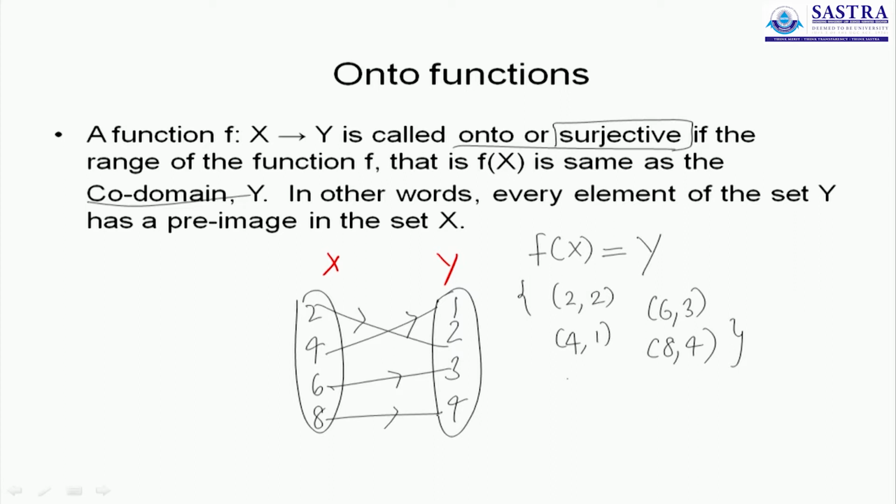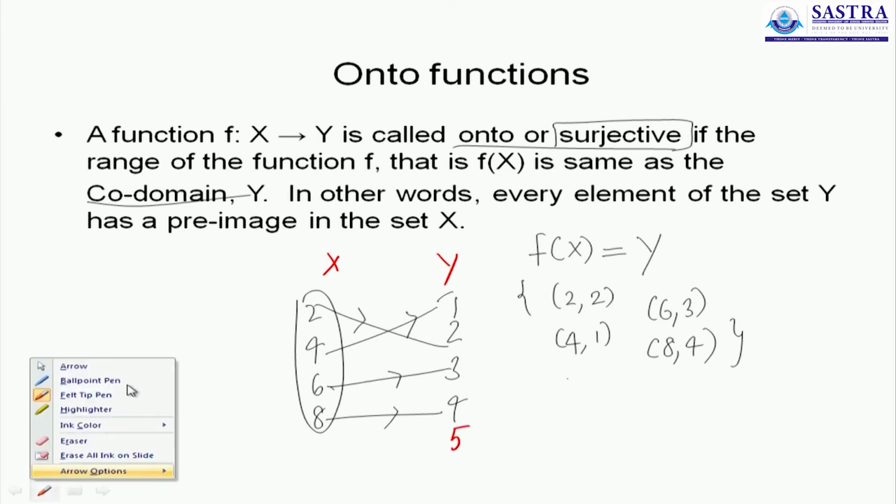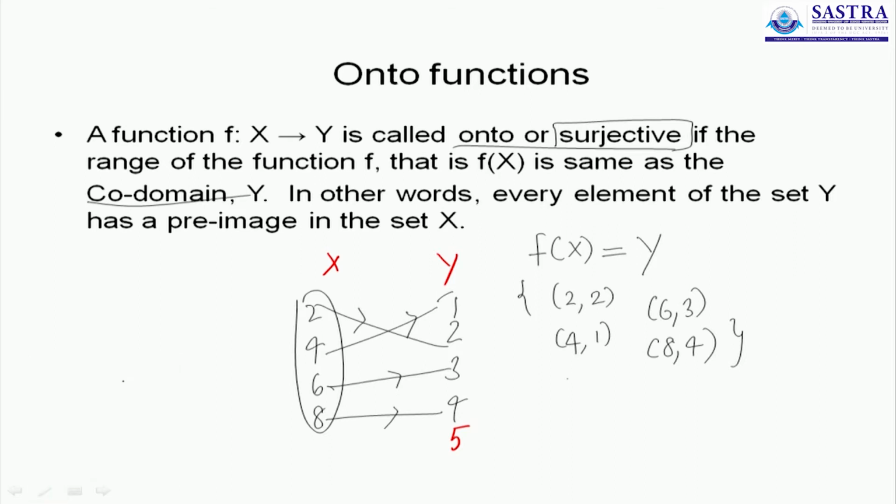Now suppose I include another element, say 5, in the set y, then you see that this element 5 is not mapped with any of these 4 elements in set x.